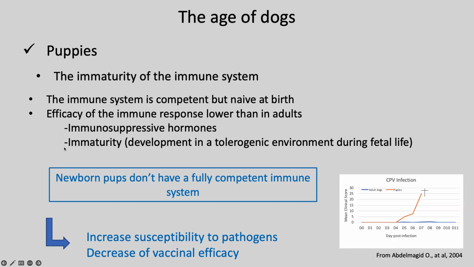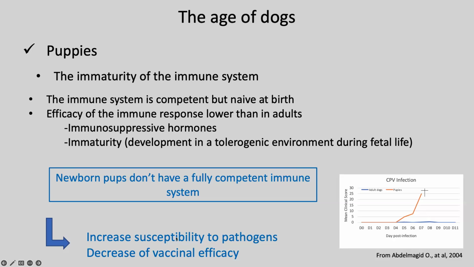We also know that at birth, the immune system of the pups is still quite immature due to the fact that it has been developing in a tolerogenic environment during fetal life. So we know that pups don't have a fully competent immune system.